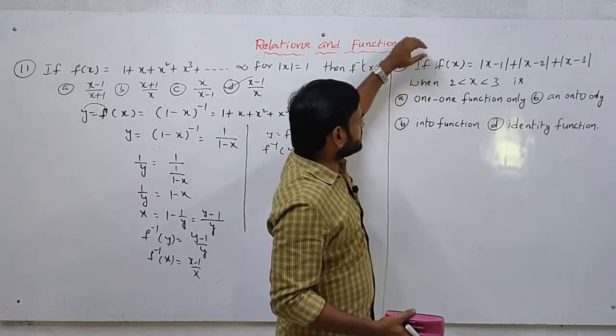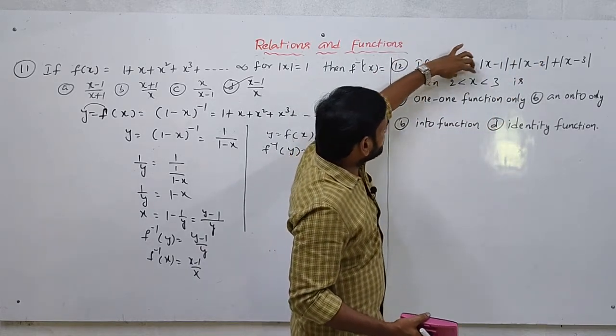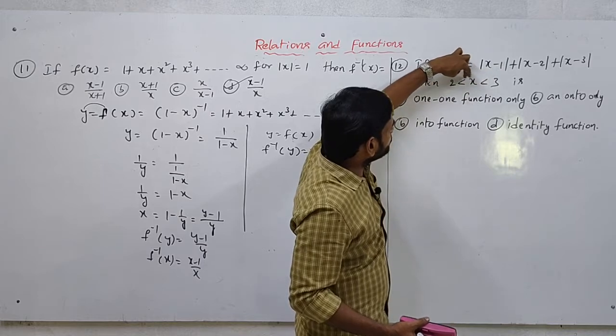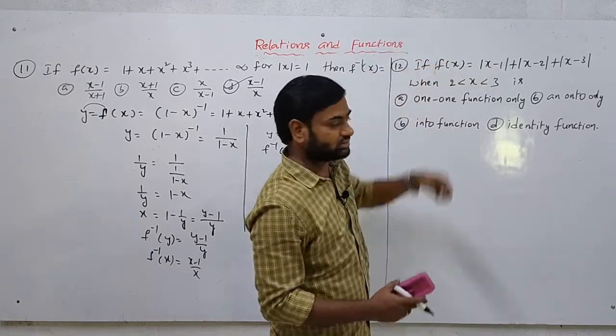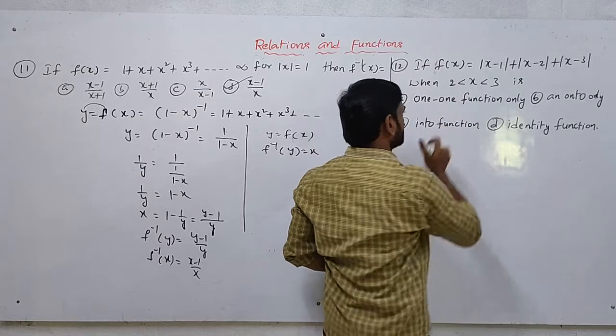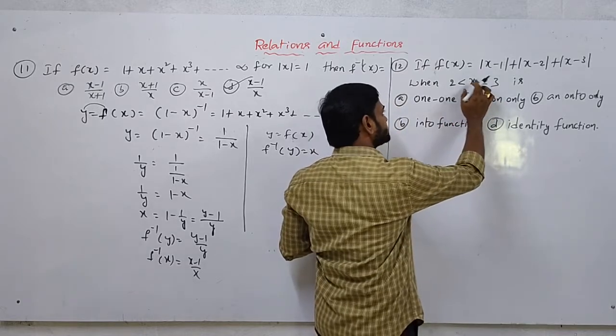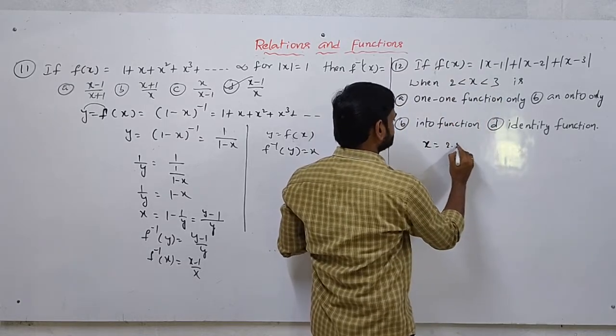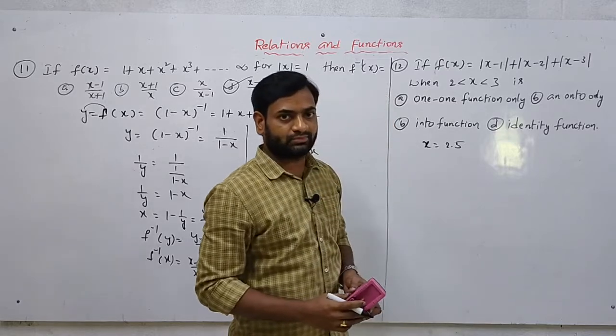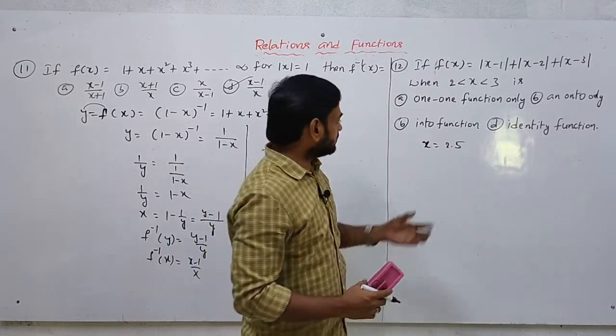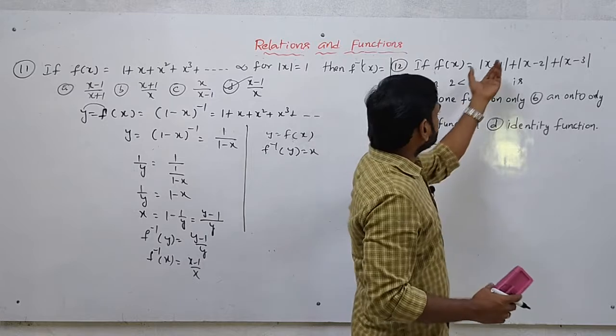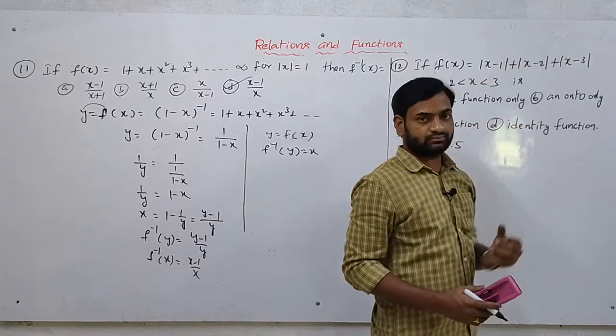Now see here, the range given is between 2 to 3. Between the 2 values, I will take a value in between. Between 2 to 3, can I take x value as 2.5? I am taking x value as 2.5. Now substitute this 2.5 in the given functions.